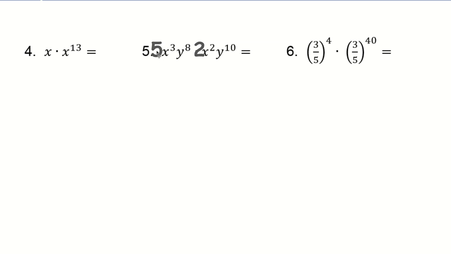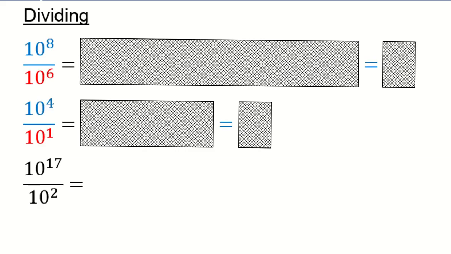So these are not bases with powers, this is just a regular 5 times 2, so that'll be just 10. And so if this was your problem, your final answer would be 10 x to the 5th y to the 18th.